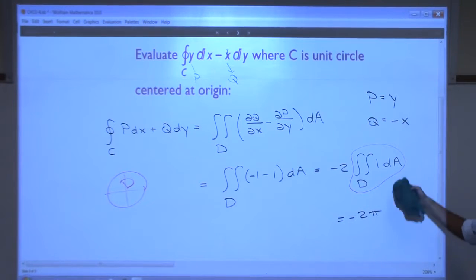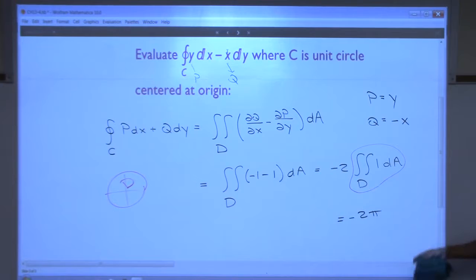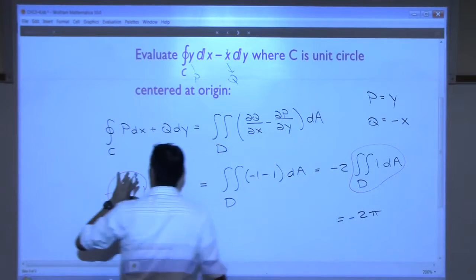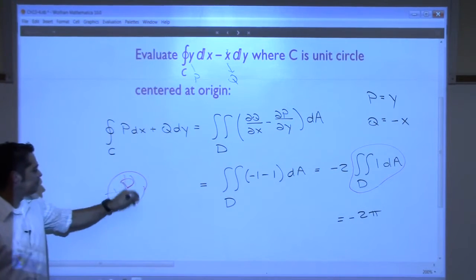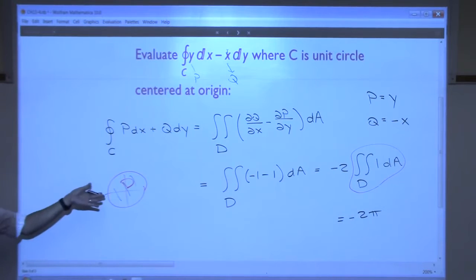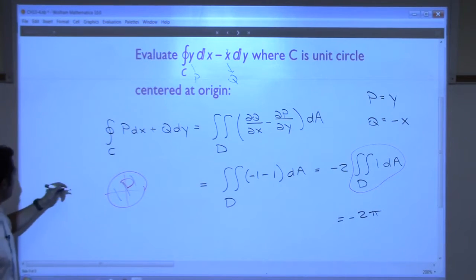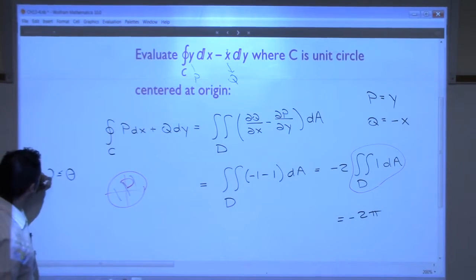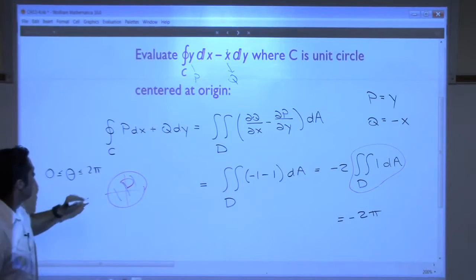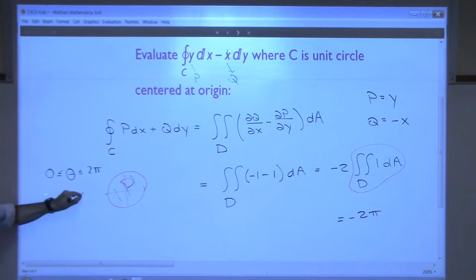Now look, if you didn't recognize that as the area of D, then you would have to come up with how you're going to define this region D. And I think most of us would say, oh, that's polar, right? For polar, my theta is going to be between 0 and 2 pi, and then my radius is going to be between 0 and 1 for the unit circle.